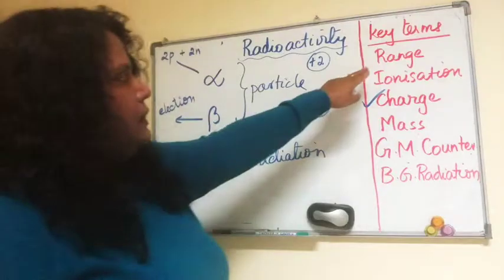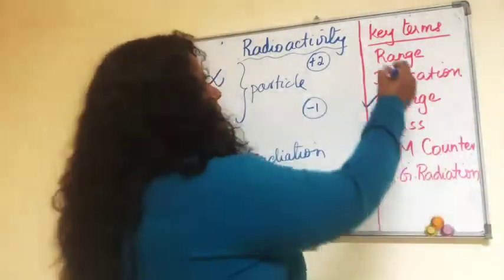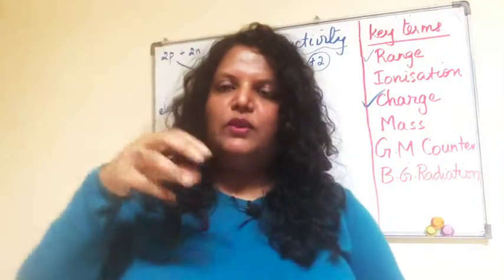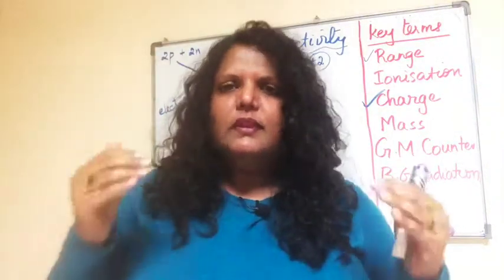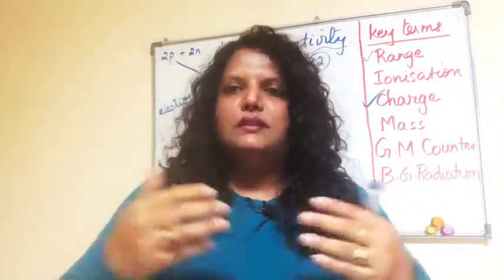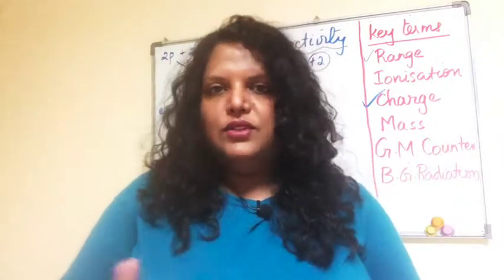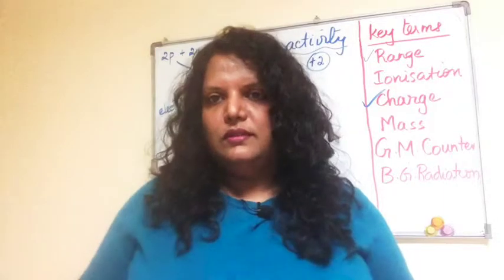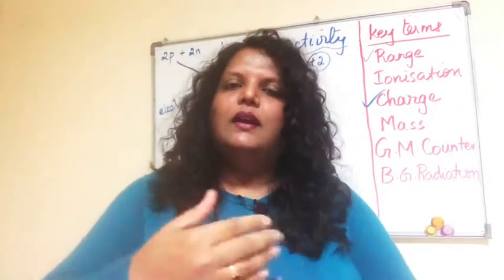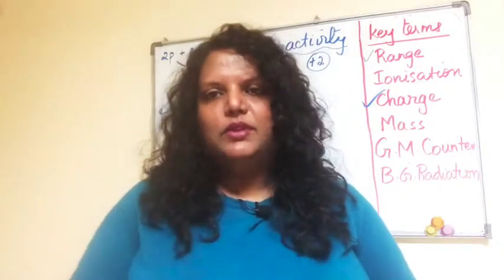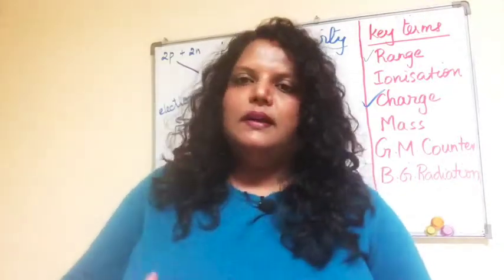Now here, what does the term range represent? As I said, from the nucleus it is coming out. Now these radiations do not travel forever, or carry this energy forever. They give it to the molecules close by, with which they are interacting, and they lose the energy and become a totally different particle.